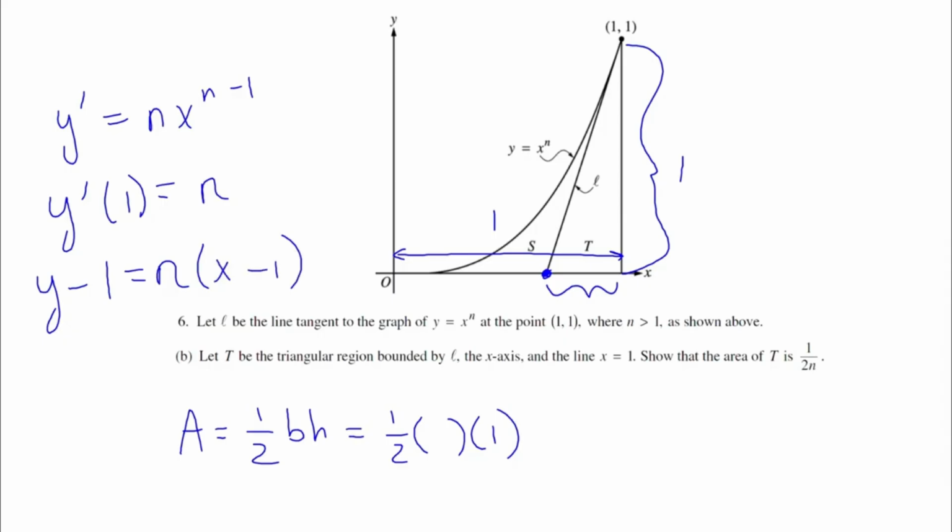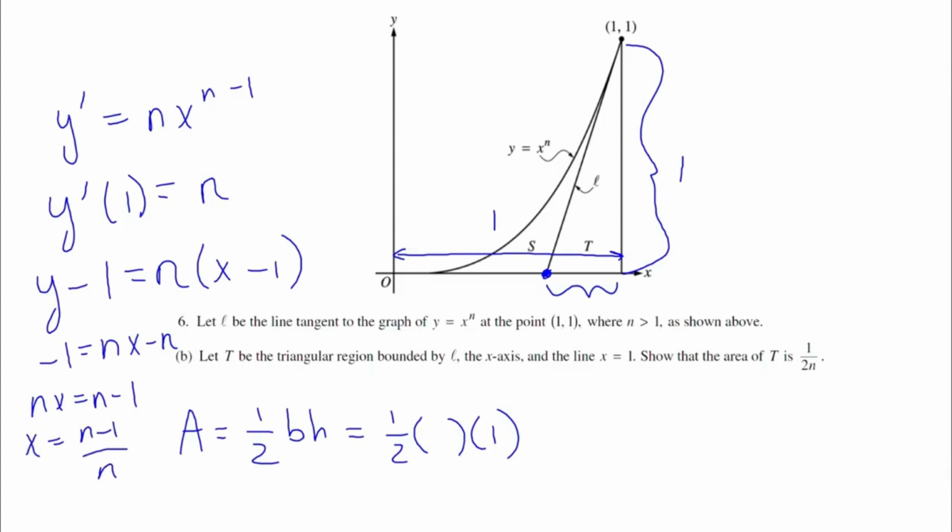And all we're looking for then is the x-intercept, which is when y is equal to 0. So when y is 0, we get negative 1 equals nx minus n. Or in other words, nx equals n minus 1, or x is equal to n minus 1 over n.